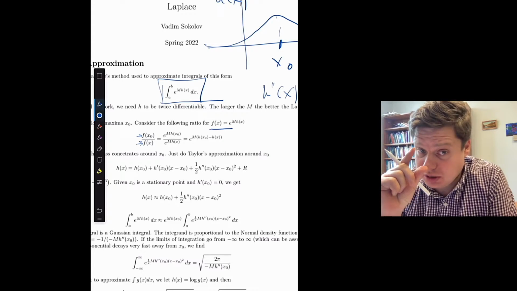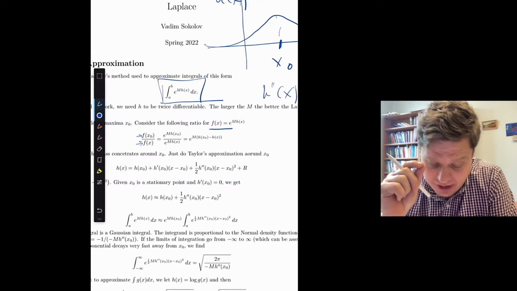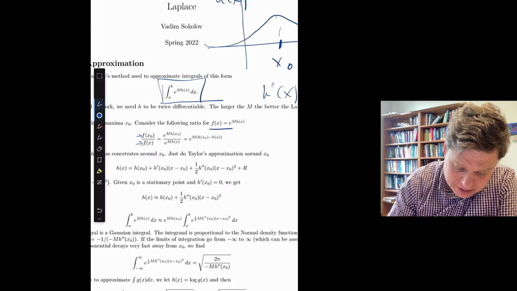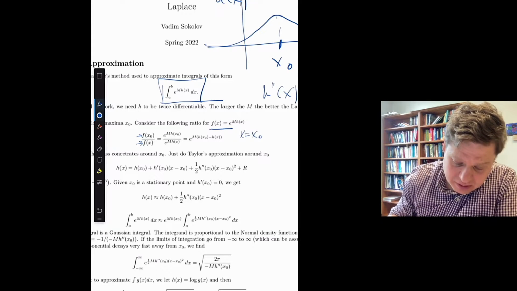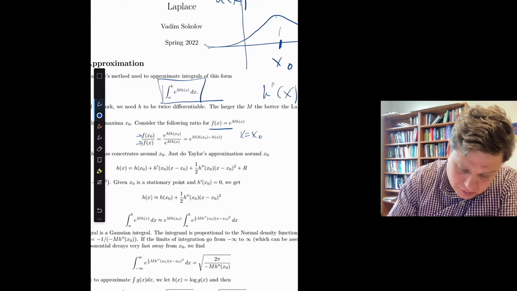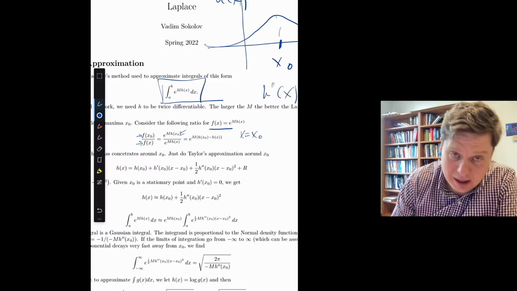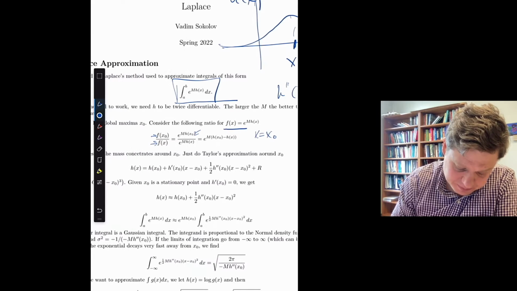So the larger this parameter m, the more concentrated this function becomes around this value of x0. So this ratio will have the highest value when x equals x0. When x equals x0, remember, the function achieves the maxima. And essentially m will tell us how much this ratio will change.